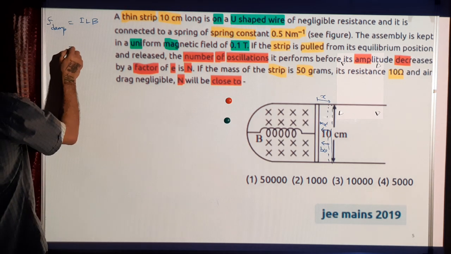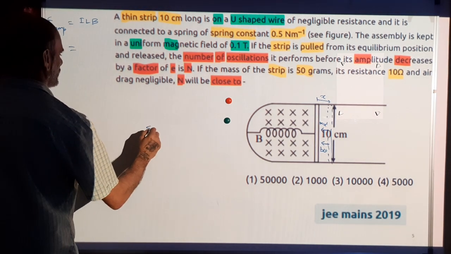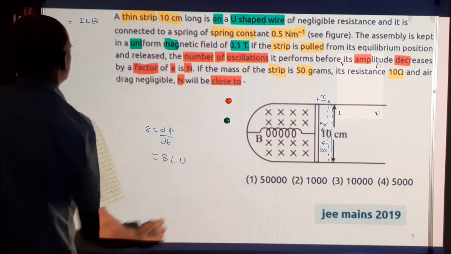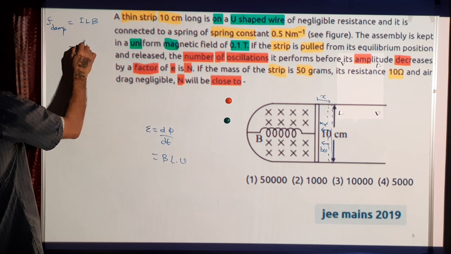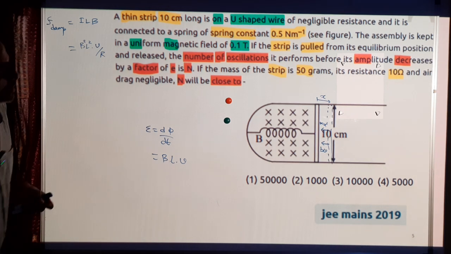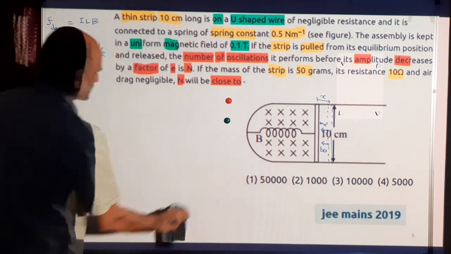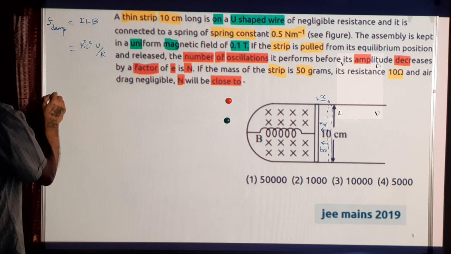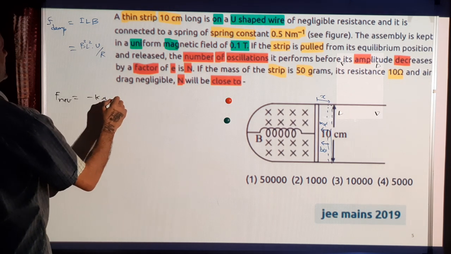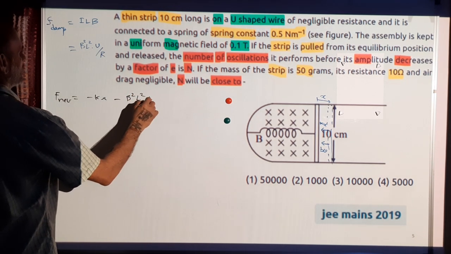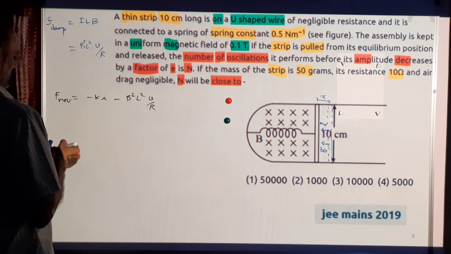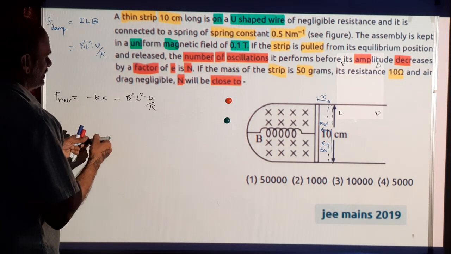And I can write the current in terms of the induced EMF, d phi by dt, which is B into L into V. So this will become B square L square V by R. So the net force acting on the strip is minus kx and then minus B square L square V by R. Comparing with the standard equation, this is the value of b.